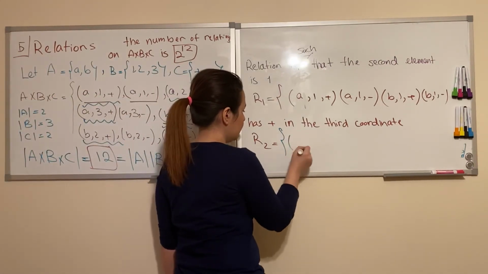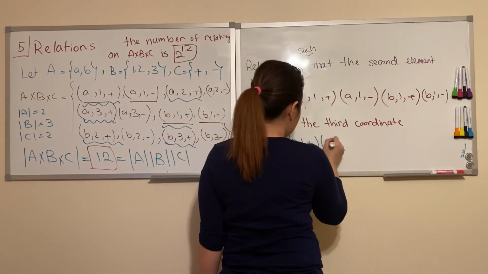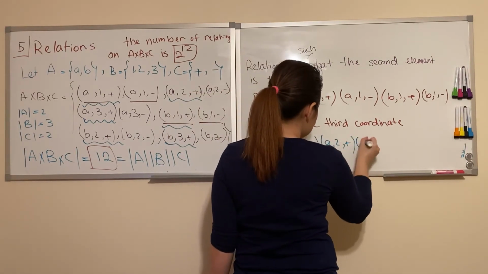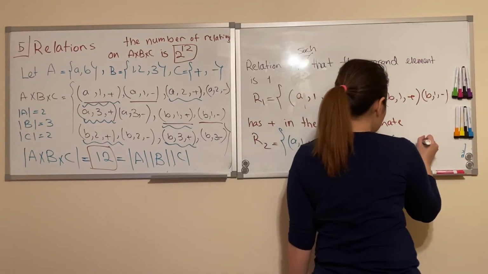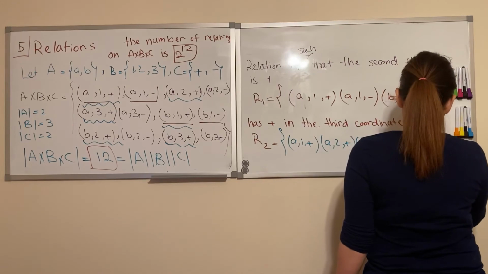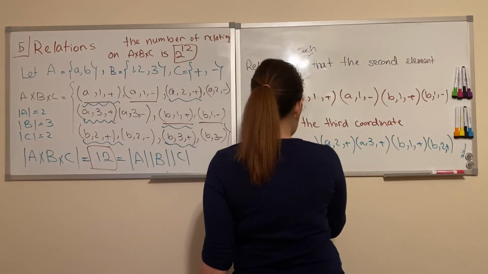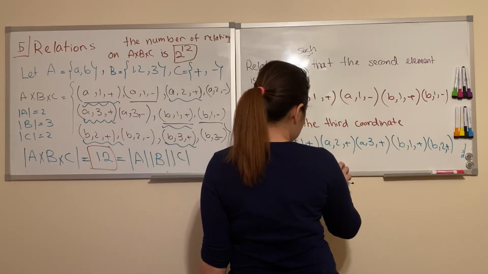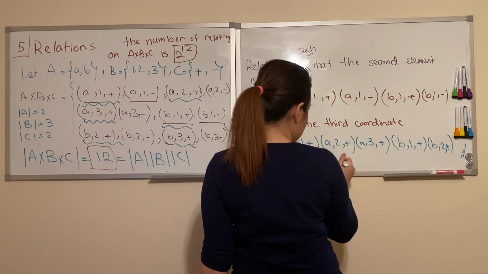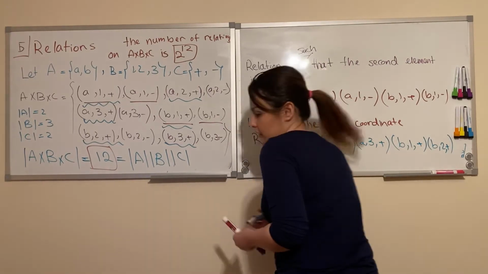So it will be a, 1, plus; a, 2, plus; a, 3, plus; b, 1, plus; b, 2, plus; and... actually, I don't have C, right?